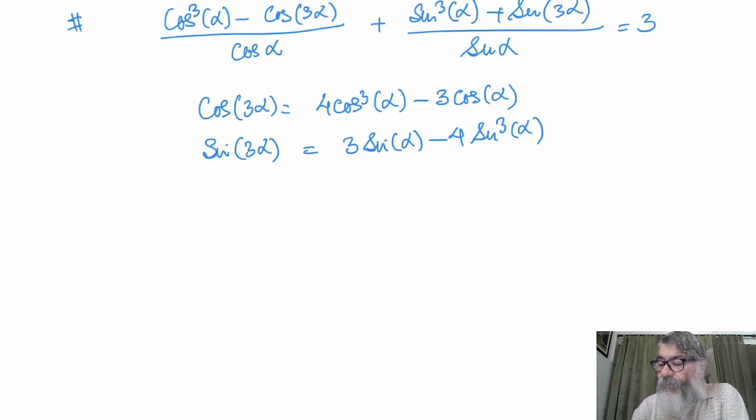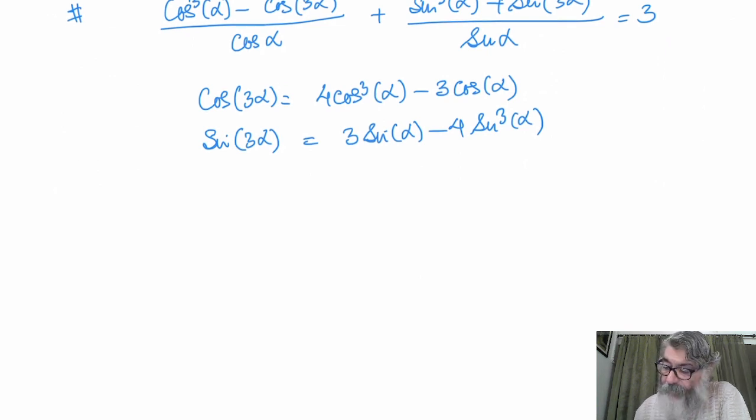Now in place of cos 3 alpha, I'll put 4 cos cube alpha minus 3 cos alpha. In place of sin 3 alpha, I'll put 3 sin alpha minus 4 sin cube alpha. And let us see what we get.